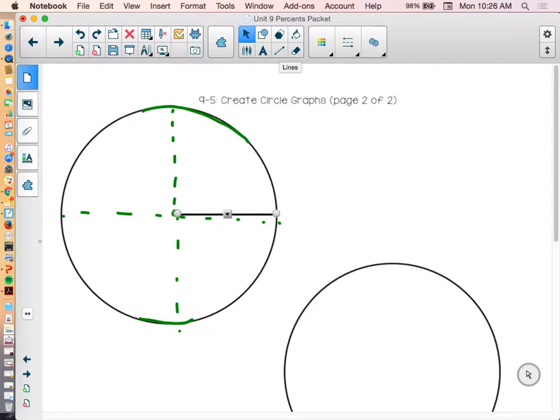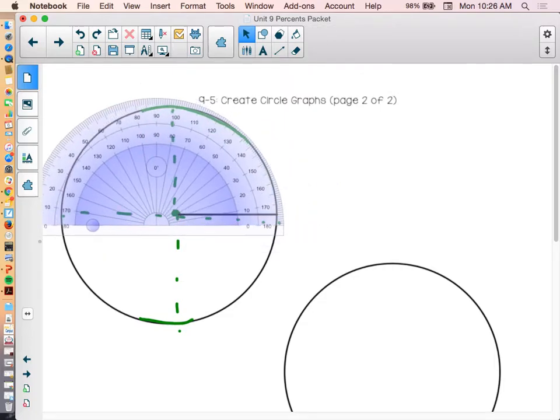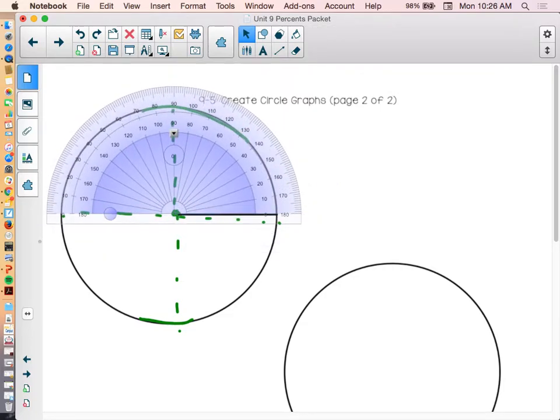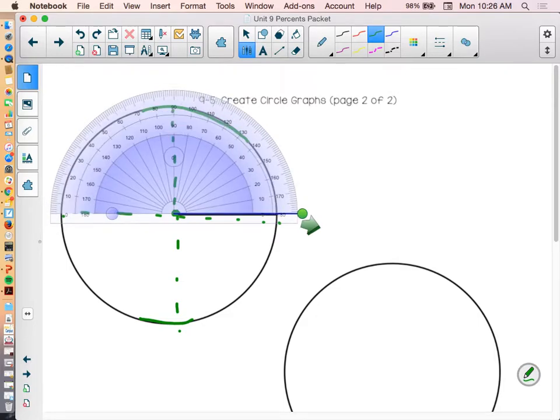And then you're going to start measuring using your protractor. So this is where you're going to use your protractor, and I have some in class if you don't have one. You're going to line it up. Always remember, something I'll tell you again in class, that you want to line it up so that the line is starting on 0. So notice my 0 is right here.